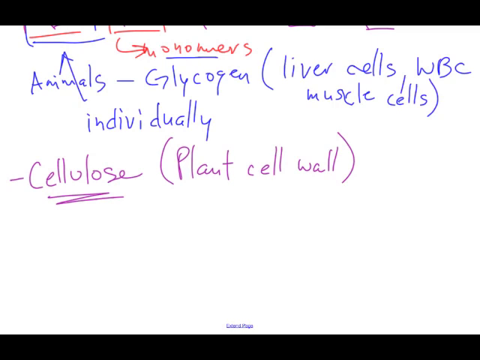However, animals like cows and sheep can break down cellulose, whereas we cannot as humans. So we allow cellulose fibers to pass through our digestive system. This is what we call roughage, or fiber.